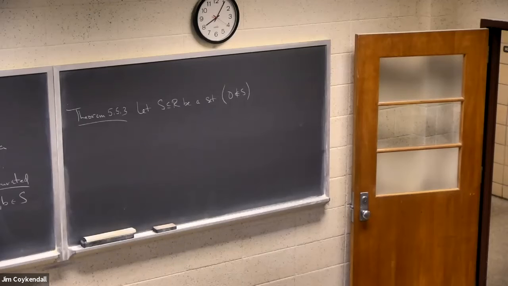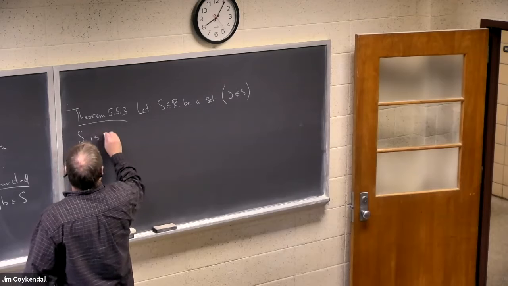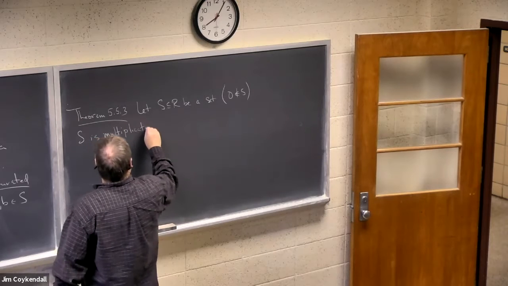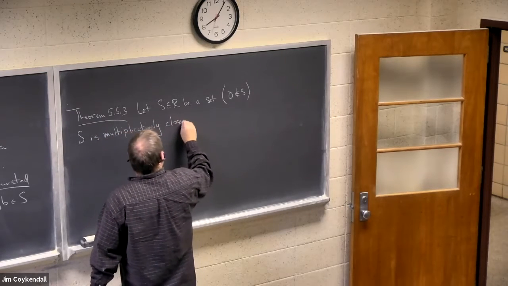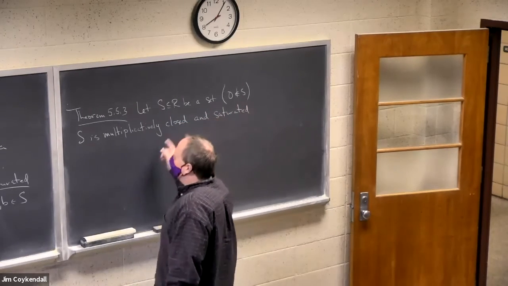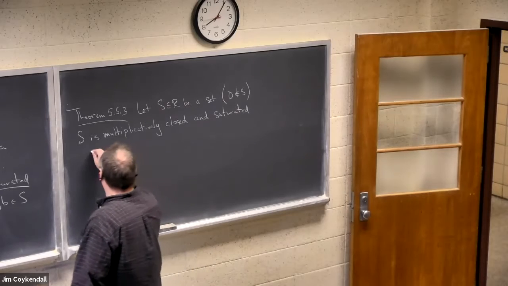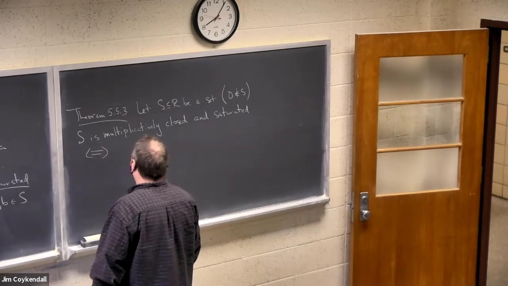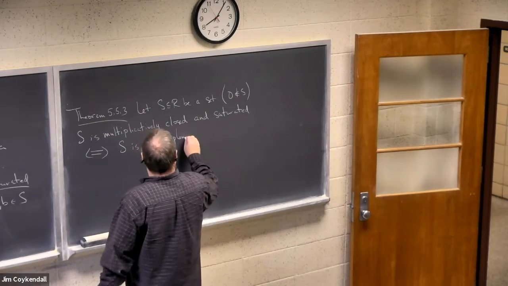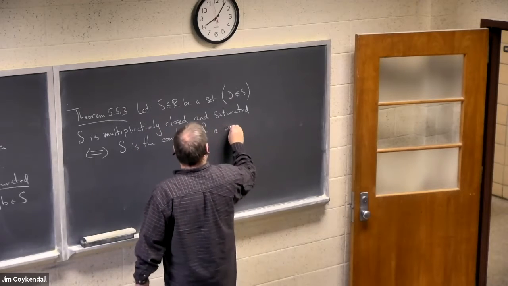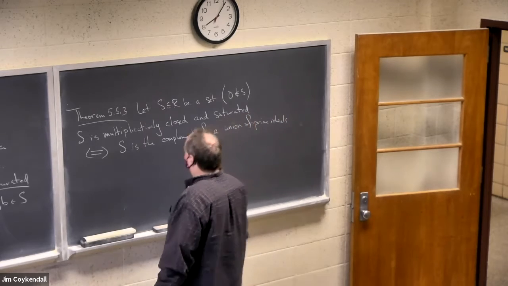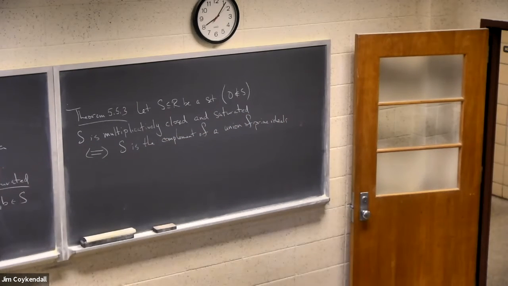Then this set is multiplicatively closed, and it's saturated as per the previous definition, if and only if S is the complement of a union of prime ideals. I don't mean generated by, I mean just literally a set-theoretic union of prime ideals.